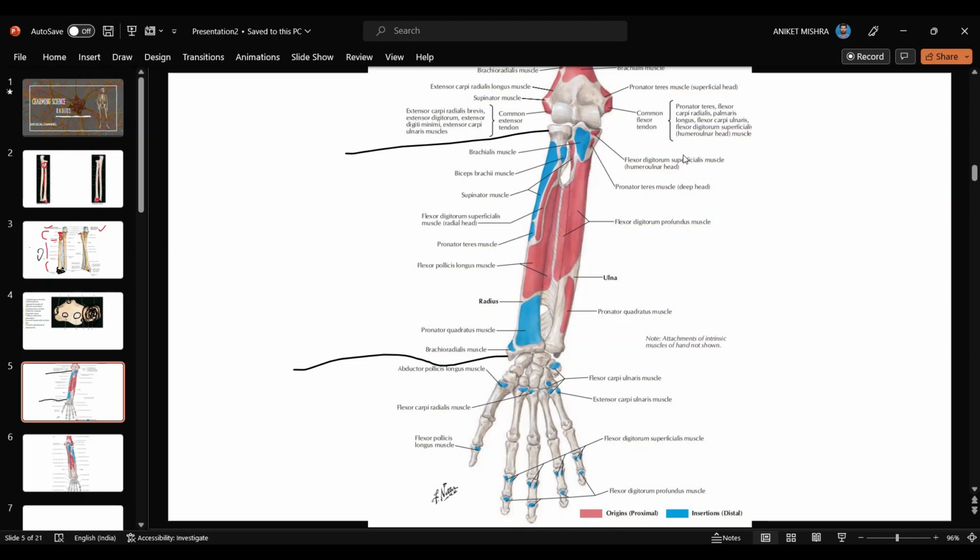Okay, so we'll start from the upper side. We have to remove this one, so you will not get so confused from this structure.